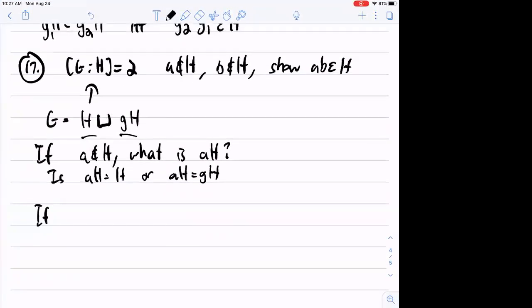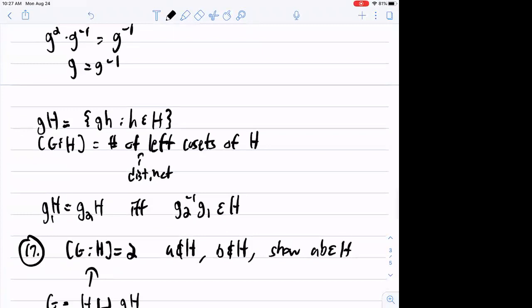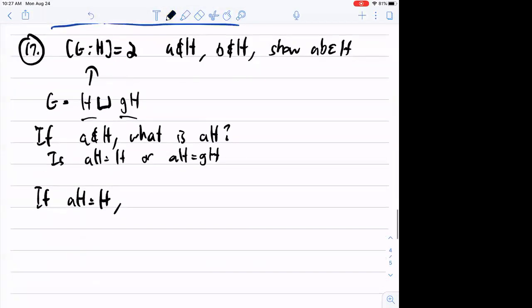If AH was equal to H, using this property, two cosets are equal if and only if when you multiply by the inverse, it's an H, right? But in this case, my G2 is just E, yeah?